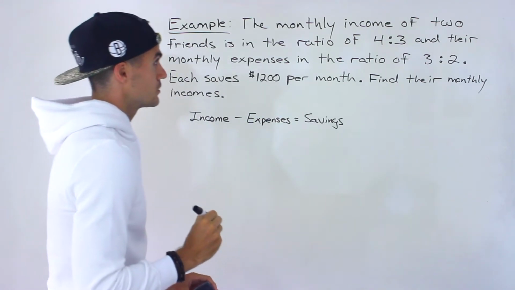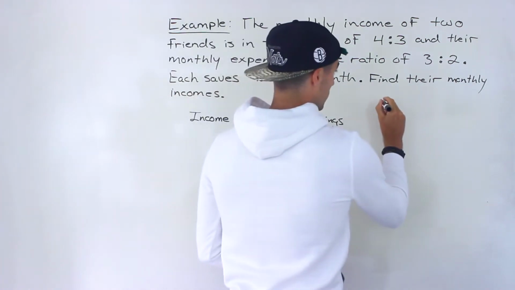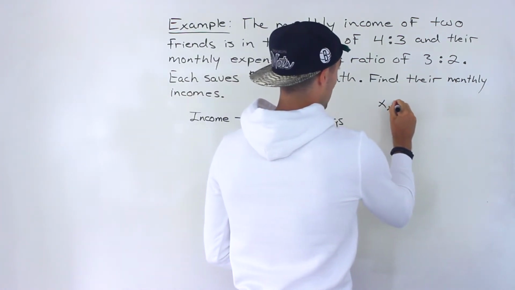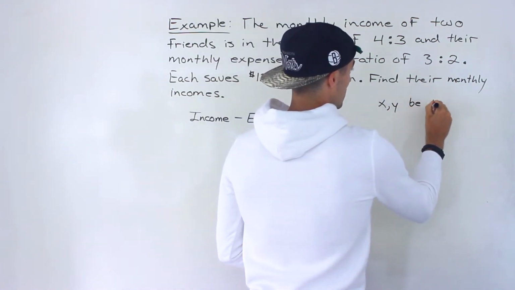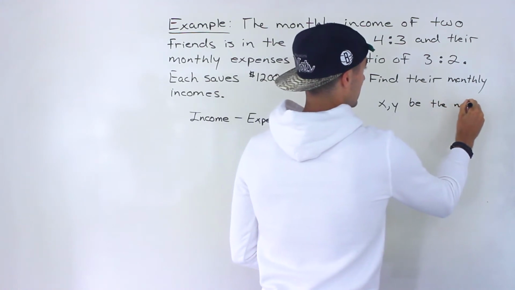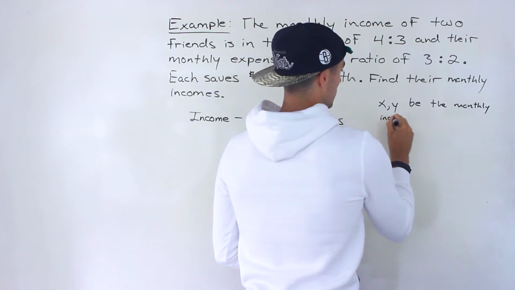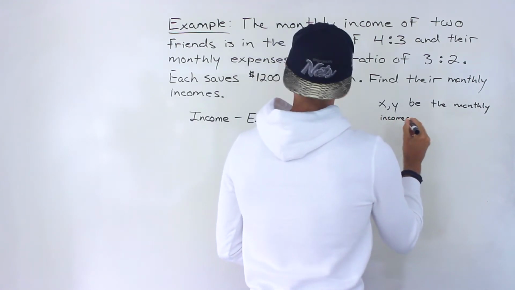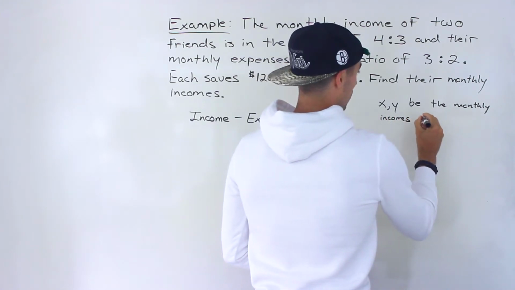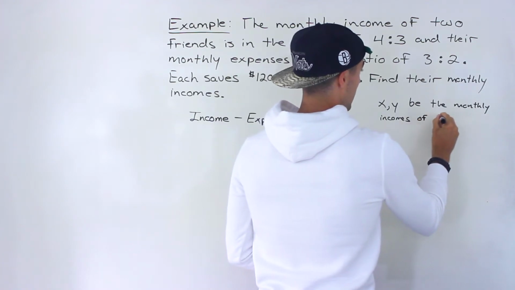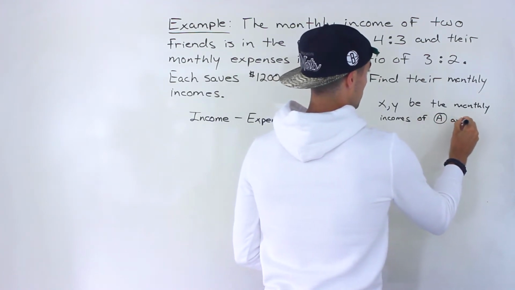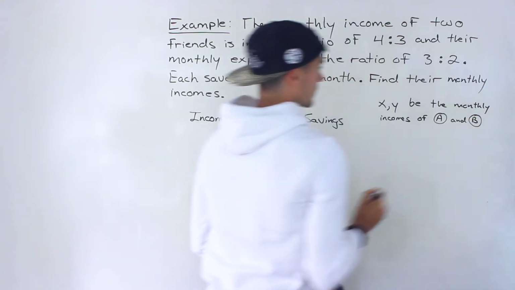And so what I'm going to do is introduce some variables. I'm going to let X and Y be the monthly incomes. And it's two friends, so we'll call it friend A and B. Right?